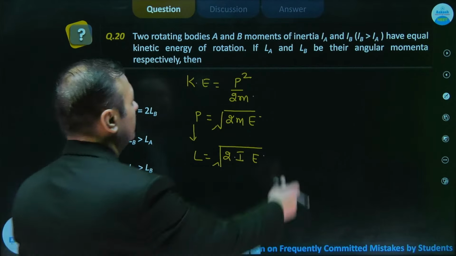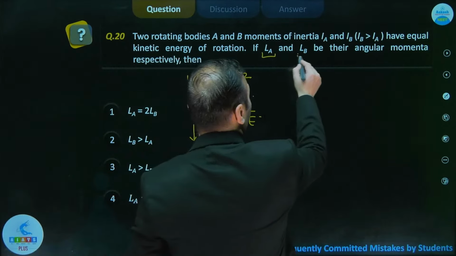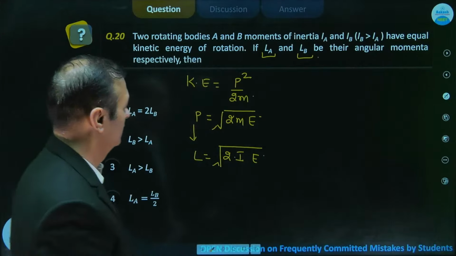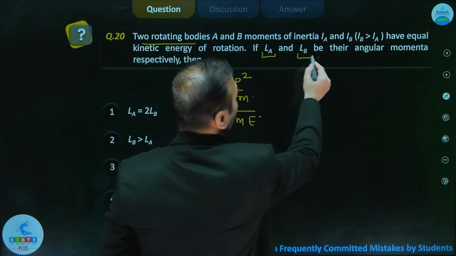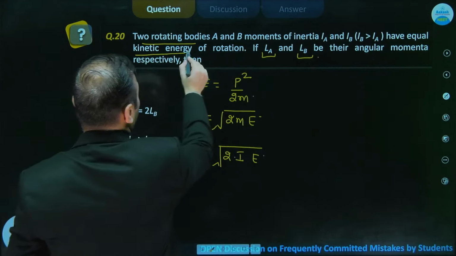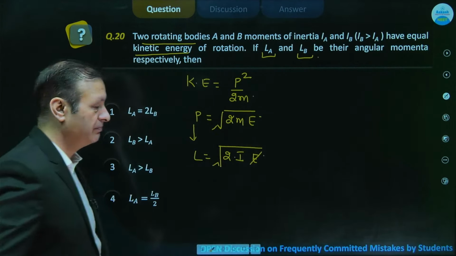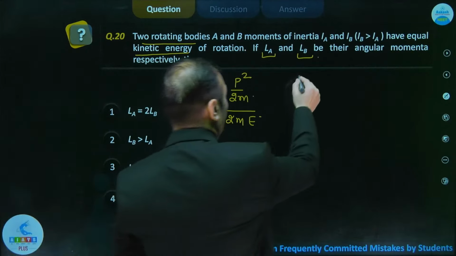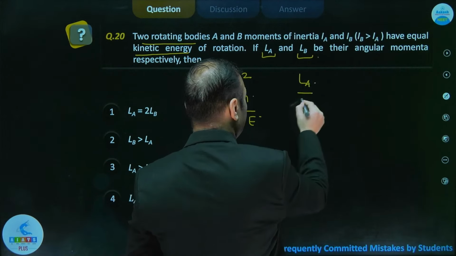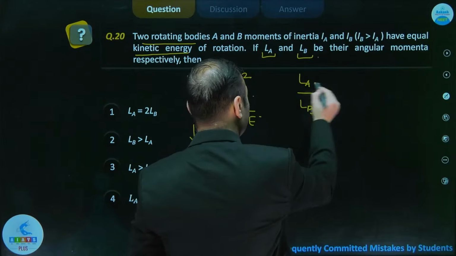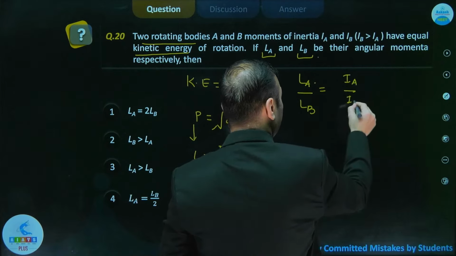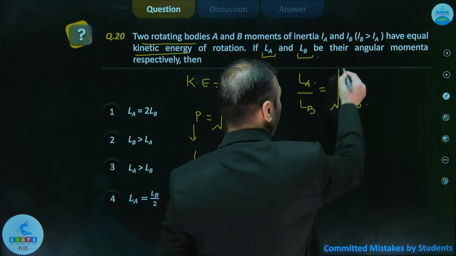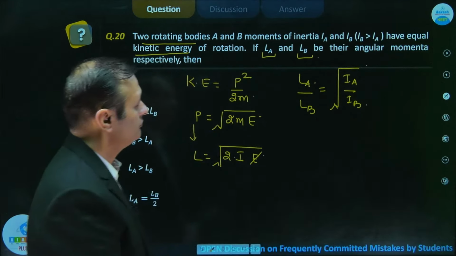Now we have to compare their angular momenta only. The two rotating bodies have equal kinetic energy, so the kinetic energy is the same. So for LA and LB, we have IA and IB under the root.